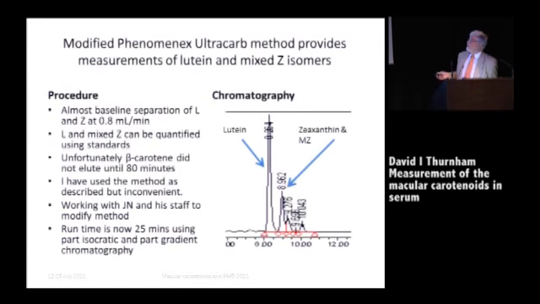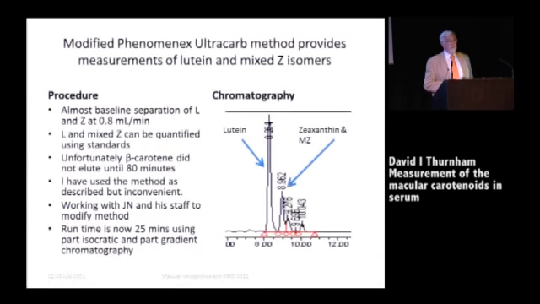Now, as I said, we've introduced this method down in Waterford, and we've modified it, as Katie would have described yesterday, down to about 25 minutes by using part isocratic and part gradient chromatography. Initially, we use isocratic chromatography, that is, we just have a single solvent mixture, at a constant flow rate of 0.8 mL per minute.